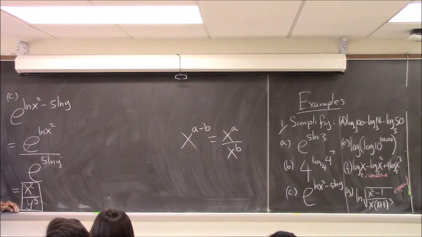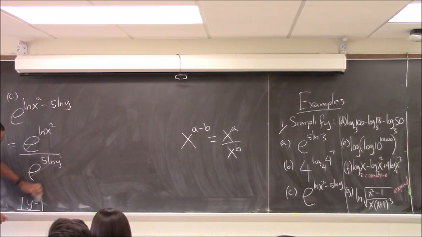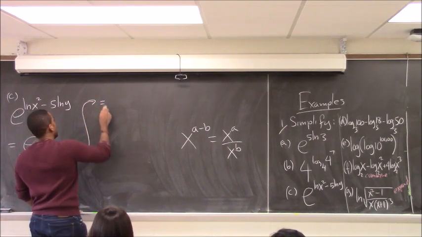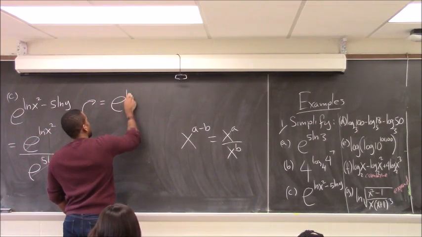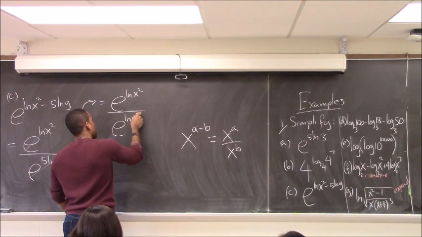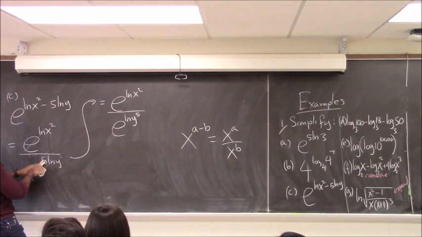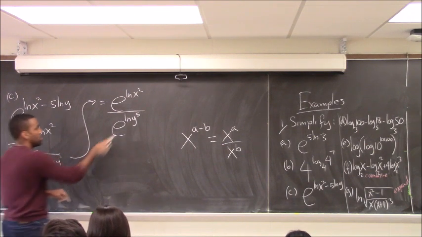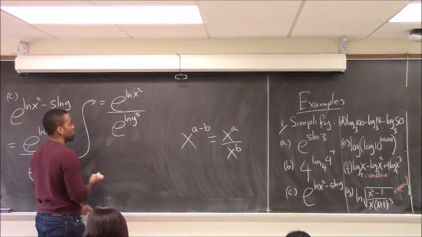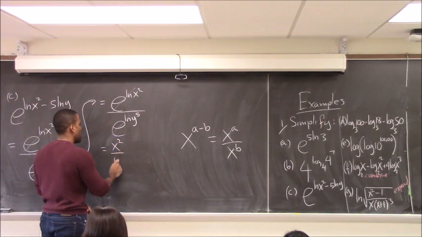So that actually simplifies to x squared over y to the 5th. Maybe I'll take an extra step and do that. So this will be equal to e to the ln of x squared over e to the ln of y to the 5th. I apply the rule that says I can take a product and move it up to the top. And then now it's in the perfect form for the rules to apply, and that's x squared over y to the 5th.